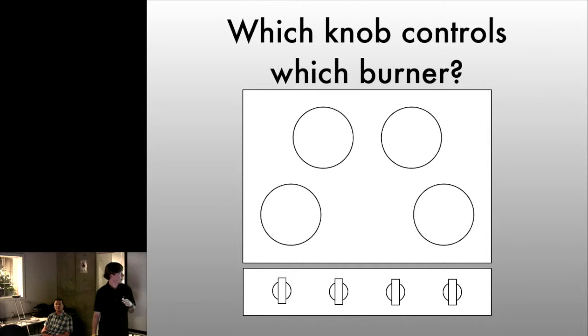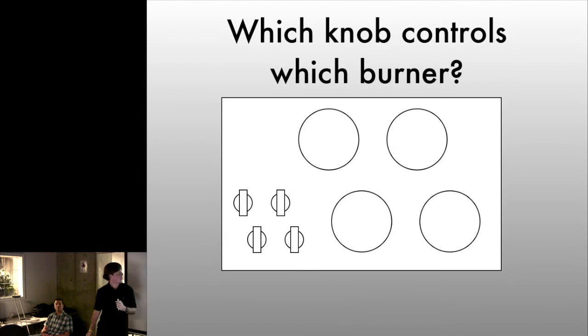How about this? Well, this is pretty good, because the way we've placed the burners, there's a very clear ordering from left to right of the burners. So that maps nicely onto the left and rightness of the controls. But I would think this is even better, because here we have a nice arrangement of the controls that is exactly mapped onto the arrangement of the burners.